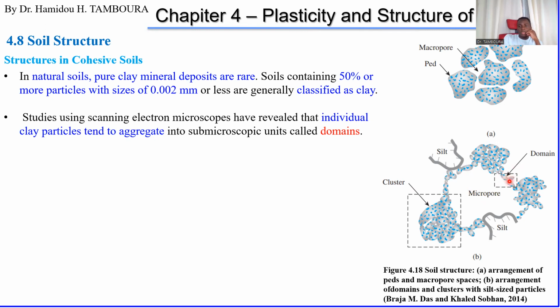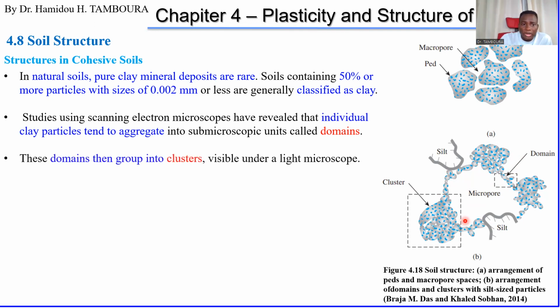They are microscopic, but they aggregate together to be submicroscopic, like this. Still, you cannot see them with the naked eye. After that, these domains group together again and form clusters, something like that.